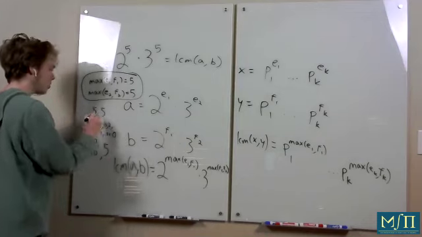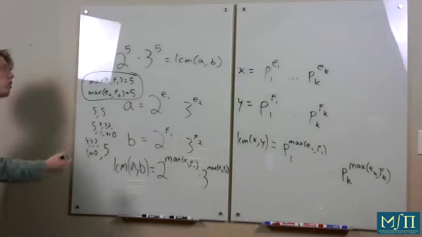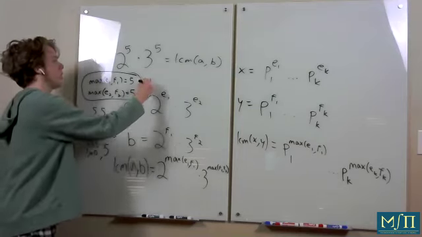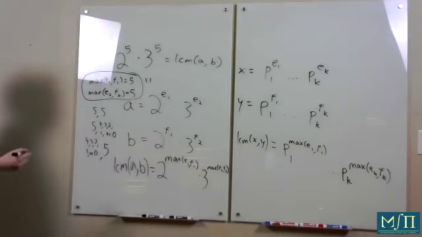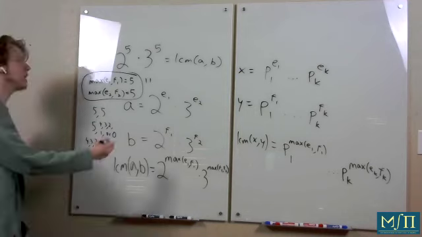So that gives you 1 plus 5 plus 5 ways. So there are 11 ways to choose E1 and F1. By the same logic, there are 11 ways to choose E2 and F2.